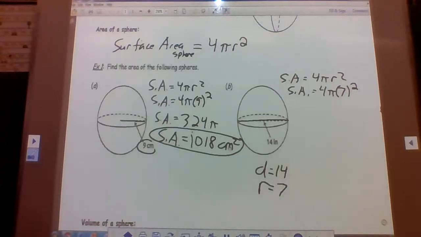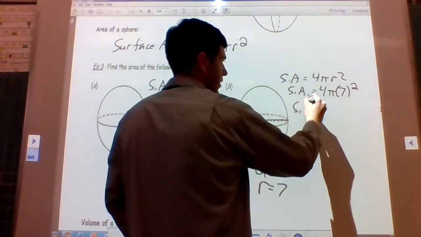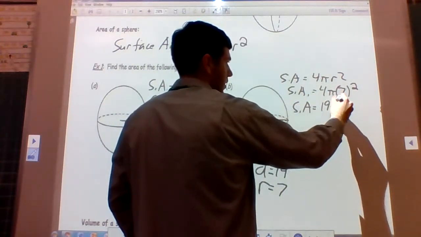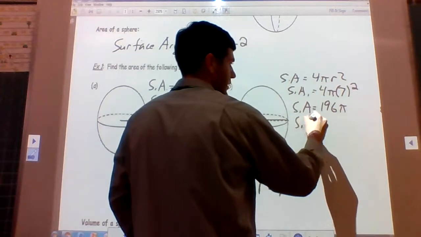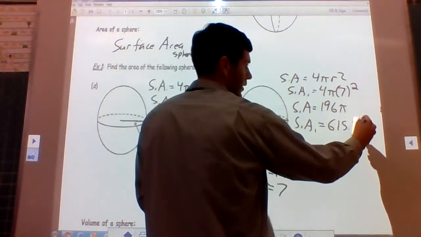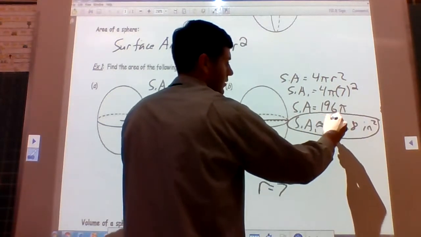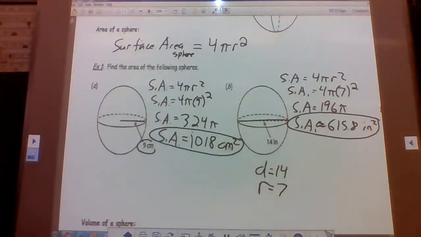So that's 49 times 4 is 196 pi, which is approximately 615.8 inches squared. So surface area, all we're doing is substituting in the radius to the formula.